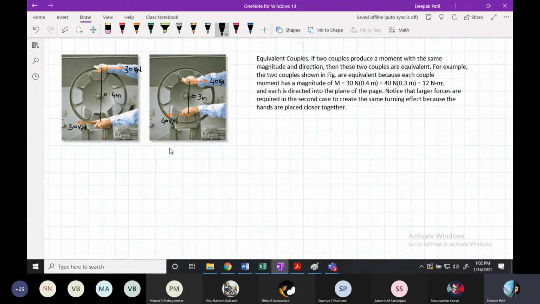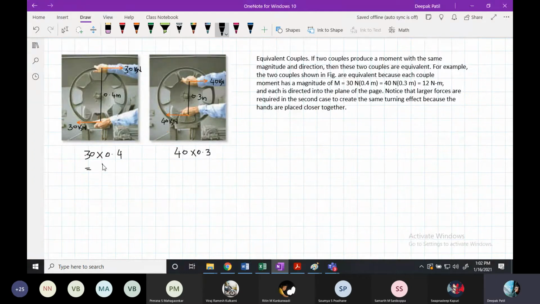This is one and this is the second one. The couples shown in the figure are equivalent because each couple moment has a magnitude of M equal to 30 newtons into 0.4. In this case, the moment of a couple will be 30, that is the magnitude, into 0.4, and in this case it is 40 into 0.3.